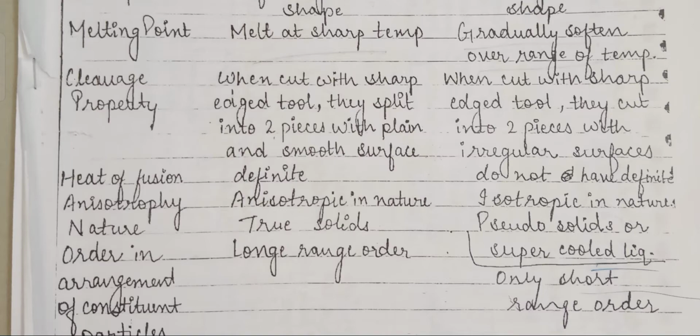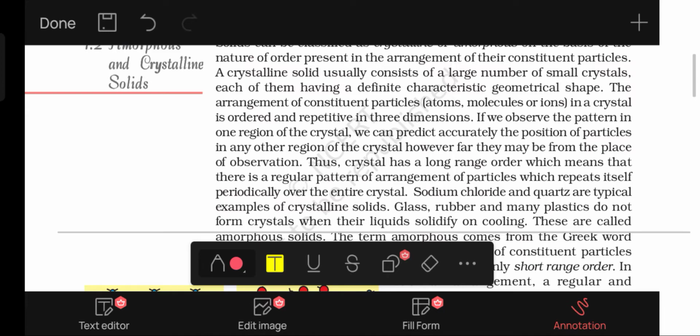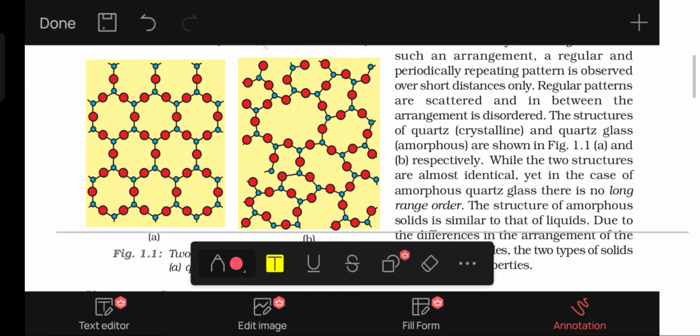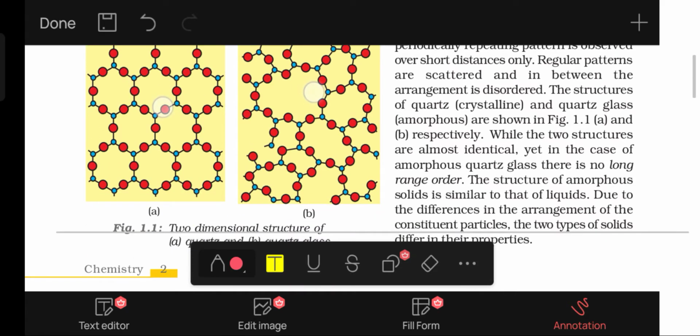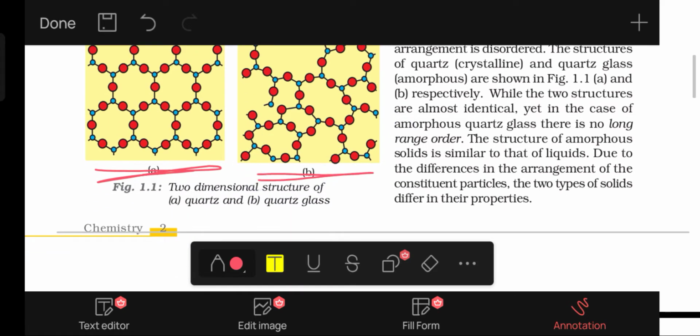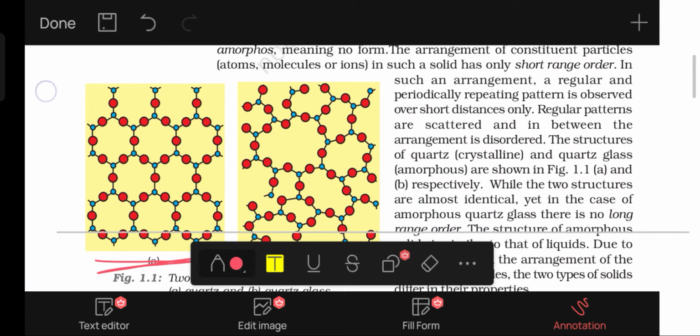I will show you the structures of amorphous and crystalline solids now. Here we can see the structures. This one, A, is quartz, and this is quartz glass. This one is crystalline, and this is amorphous.